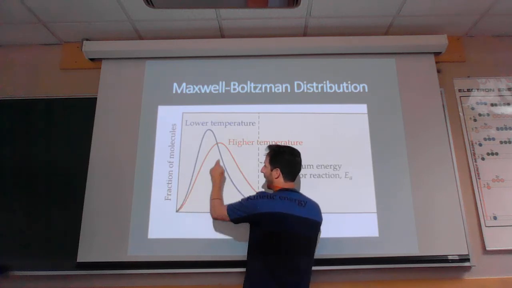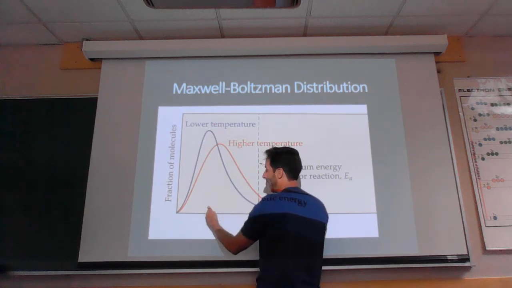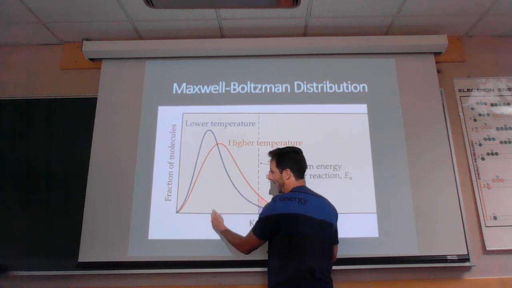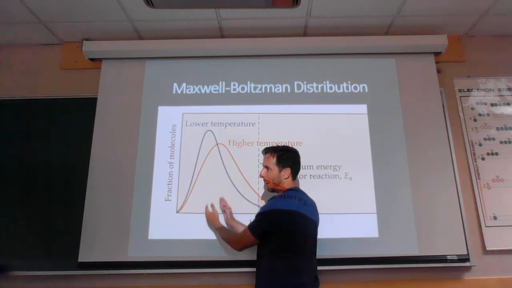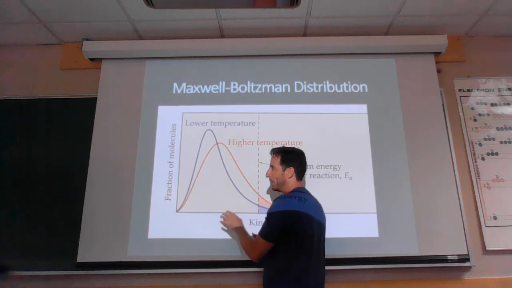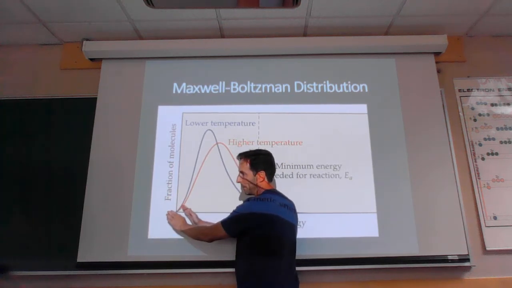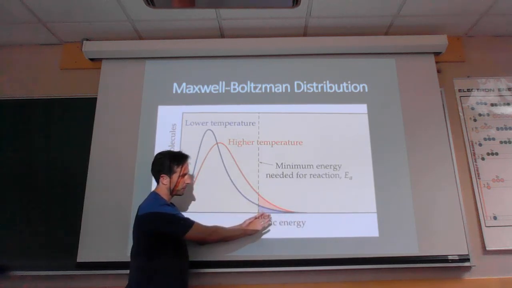So the highest fraction right here, if I come down, is the amount of energy the average molecule has. It'd be around right here. This is how much energy the most molecules have. But there are going to be a few molecules, a smaller fraction, that have less energy, and a few molecules that have more energy.